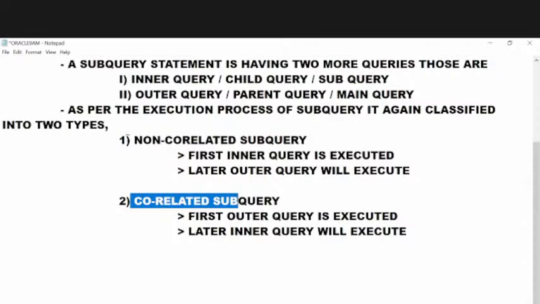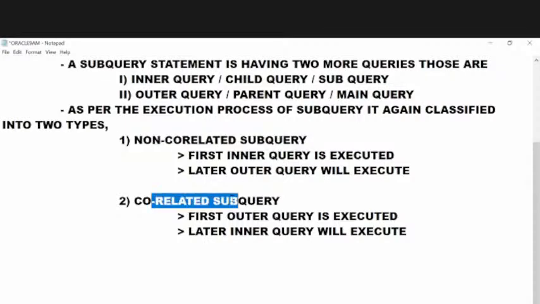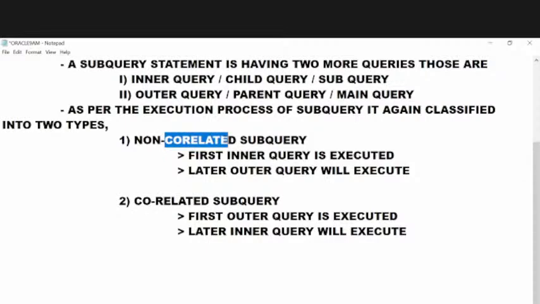So these are the definitions of non-correlated and correlated. What is our first priority? Non-correlated, because performance-wise it is better compared to correlated. But correlated, we use to avoid complex queries written using the non-correlated method, or when my requirements are not possible to fulfill using non-correlated subquery.